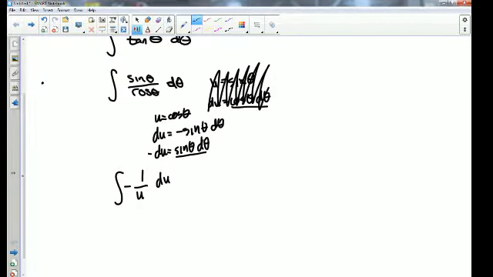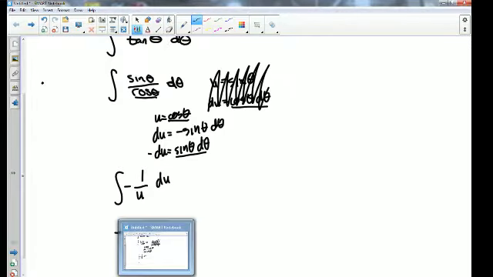And a derivative of 1 over u. How did it become a fraction? Oh, good question. Cosine is on the bottom. So when I put u in, it's on the bottom. And then sine, we've replaced with negative du.